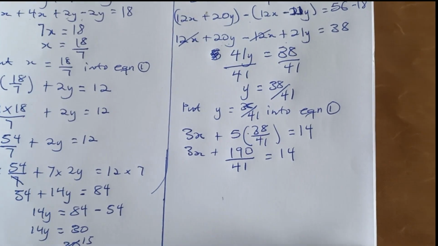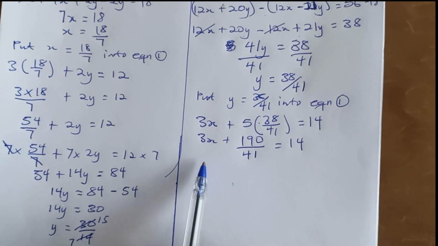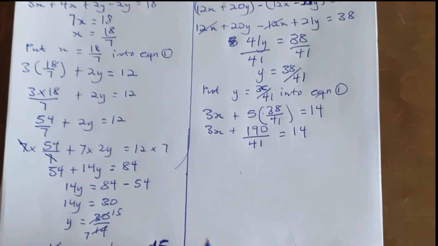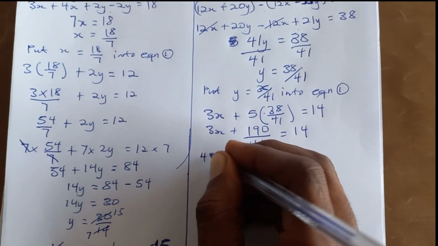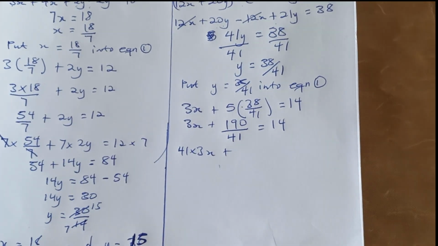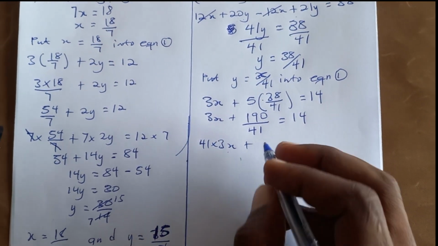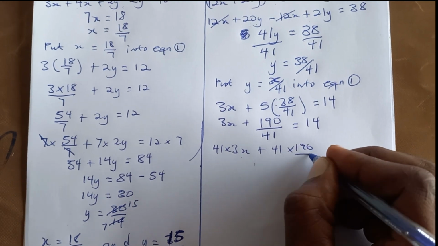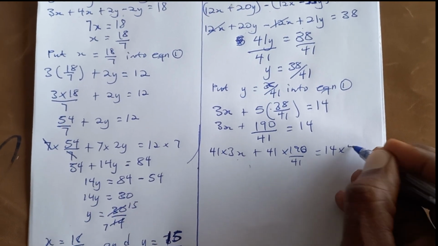Now, as I said, if you find it difficult to get the LCM for this, just multiply the whole equation by the denominator of the fraction. So we get 41 times 3x plus 41 times 190 over 41, which is equal to 14 times 41.